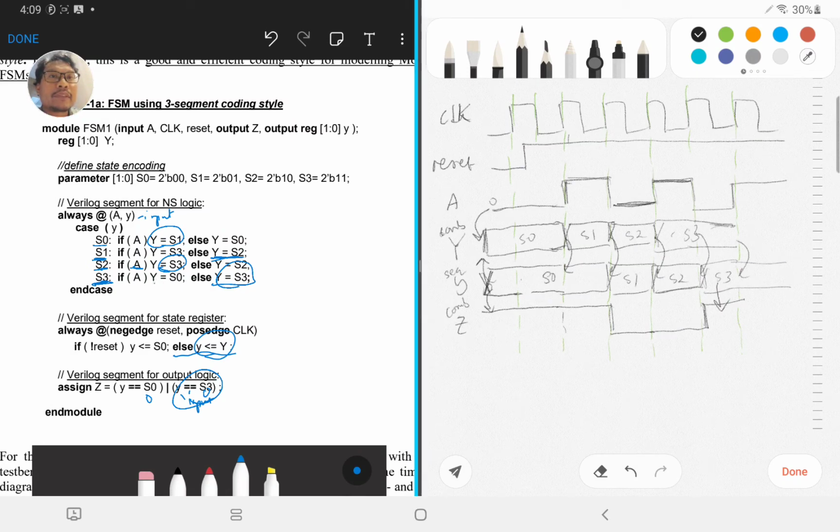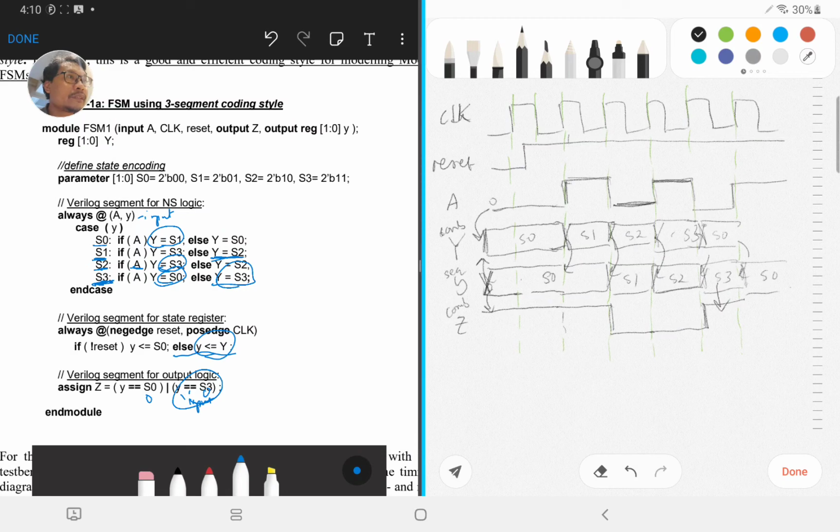Then we have S3, A is 0. The small y is S3, and then A is 0, so here is going to go S0.